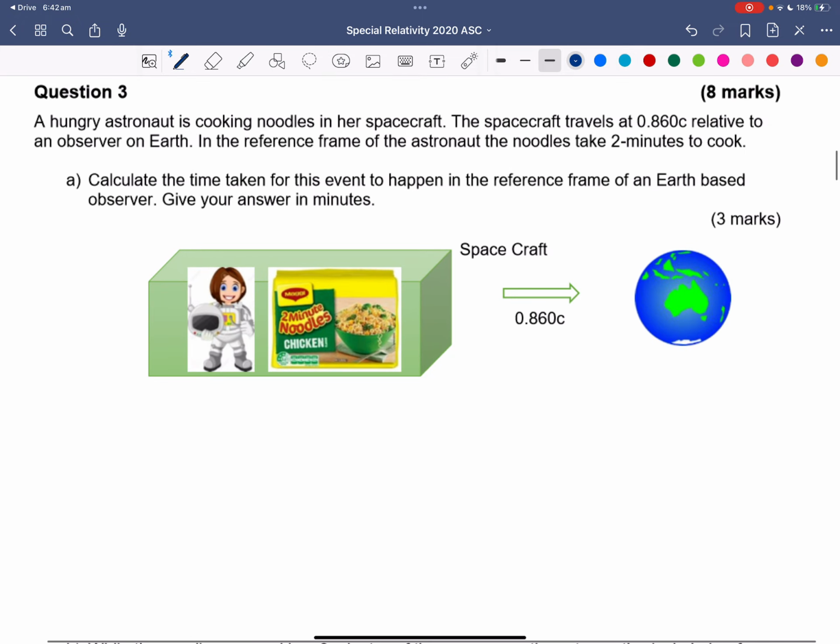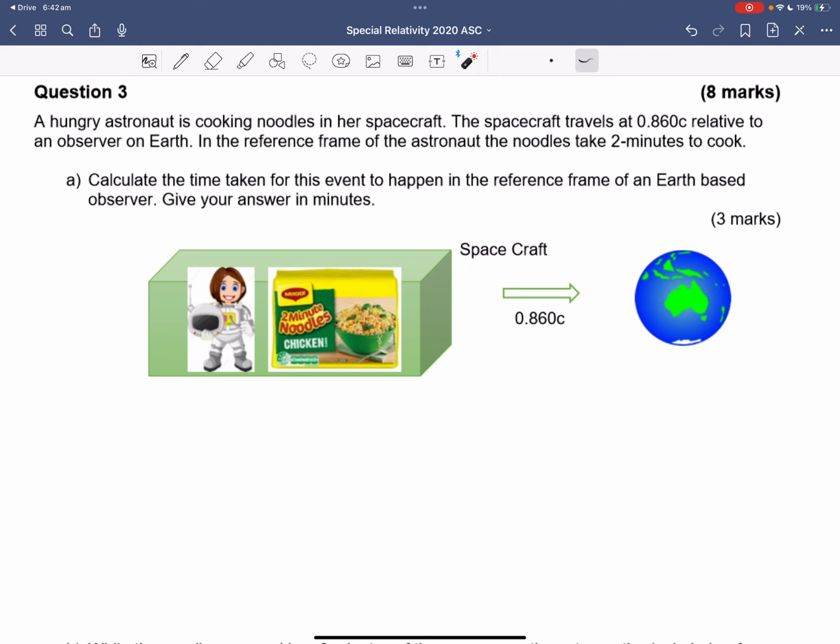So obviously an Earth-based observer is observing a very fast-moving spacecraft. When we observe a fast-moving spacecraft, all events in that moving inertial reference frame are dilated. So if the events are dilated, we feel it's going to take more than 2 minutes to cook.